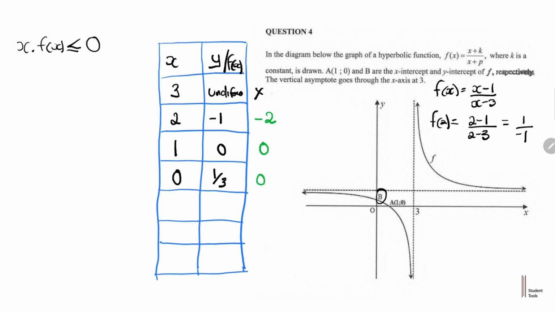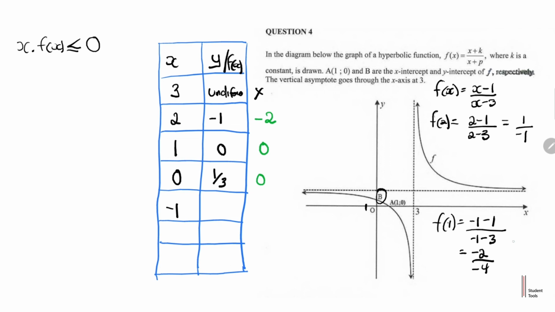And then we proceed to the negative side of this graph, which is negative 1. So what is f of negative 1? f of negative 1 will be equal to negative 1 minus 1 over negative 1 minus 3. That is negative 1 minus 1, that is negative 2, over negative 1 minus 3, that is negative 4.